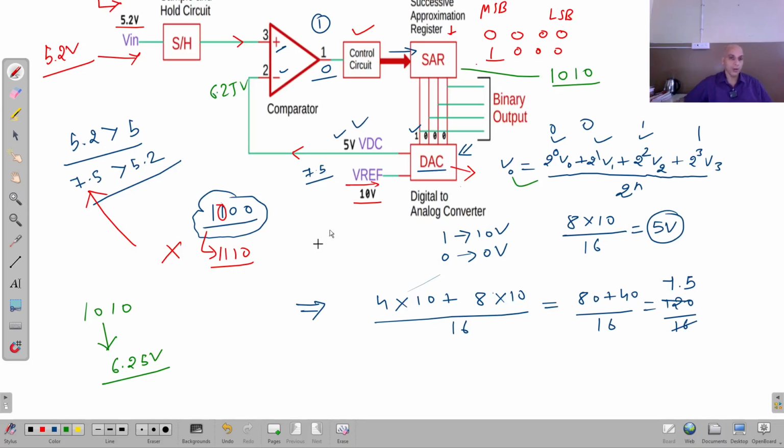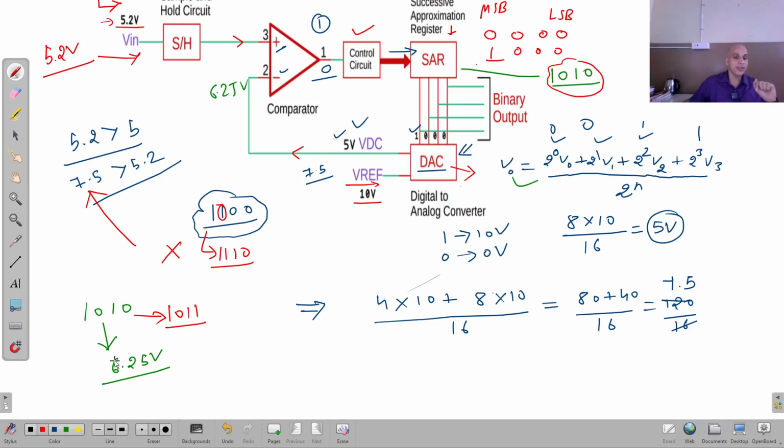So now first of all look at this. This was 1010 that I have made here, right? What is the next higher possibility than this? The higher possibility is 1011. It can be there if this voltage was less than this input voltage.